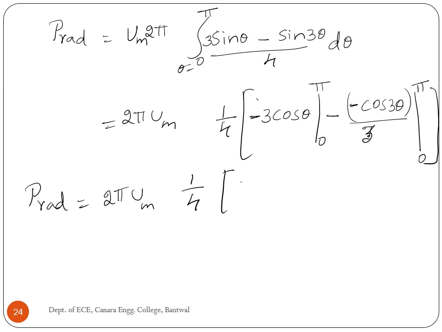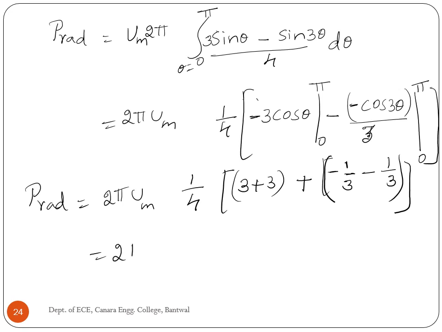So it's 3 plus 3, minus minus plus, minus cos 3 theta is minus 1, that's why minus 1 by 3 minus 1 by 3, which is equal to 2 pi Um times 1 by 4 times (3 plus 3 minus 1 by 3 minus 1 by 3).